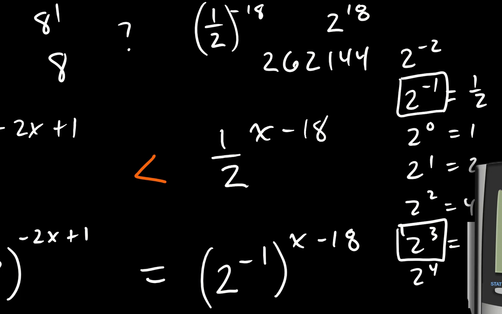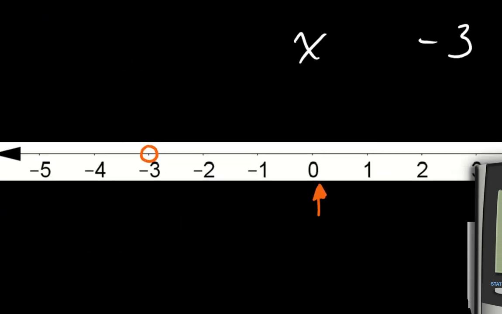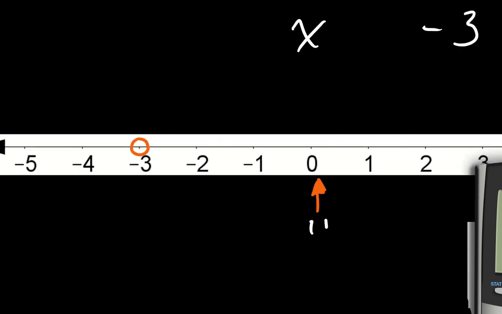Well, you know what I have to say? I have to say that is definitely true. Eight is less than 262,144. 8 is definitely less than that. So what that means, if I come back to my graph here, is that 0 worked. Put the happy face there. 0 was a solution. And you know what else is going to be a solution?